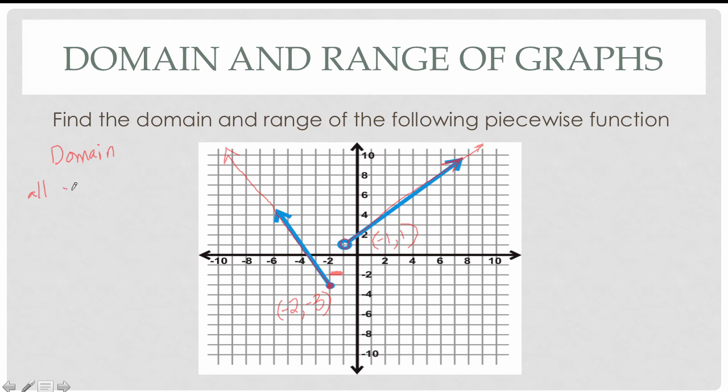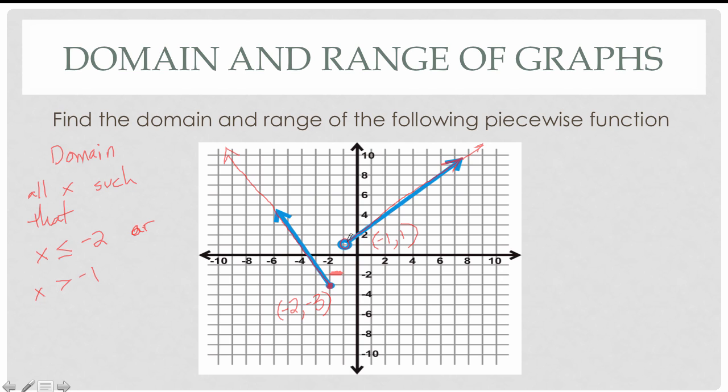All x values such that x has to be less than or equal to -2, right? So from -2 onward, it's a solid point, so it includes -2. And, or, that's an or, x is greater than -1.